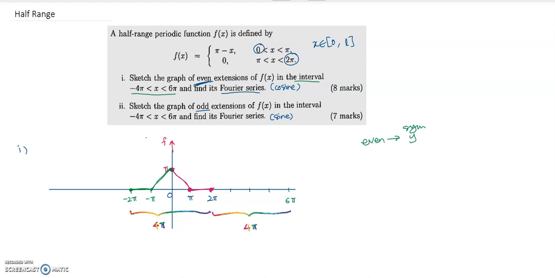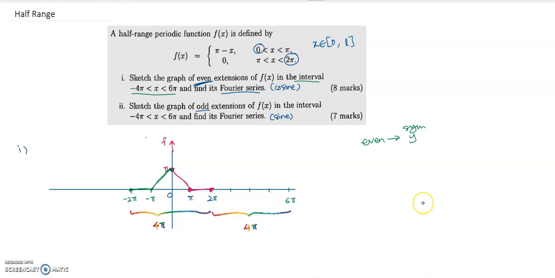Now on the right-hand side, we need to repeat the shape of the graph in the next period. On the left we start from here, go to the right, going up, going down, and going to the right again. In the second period, this is your left interval and this is the right.